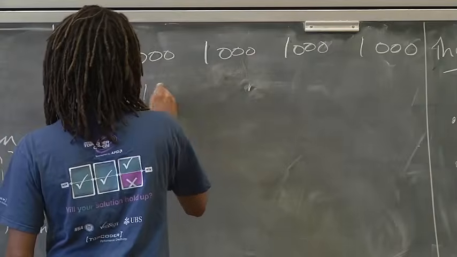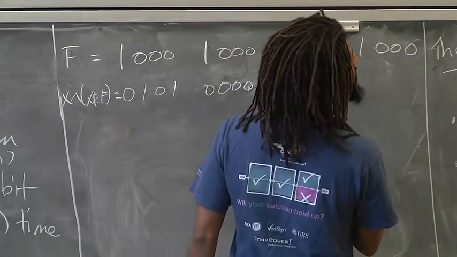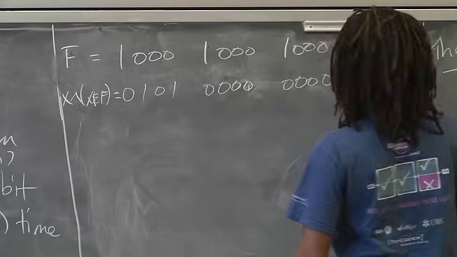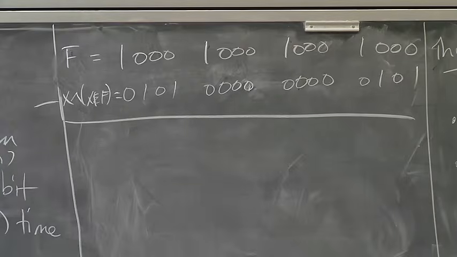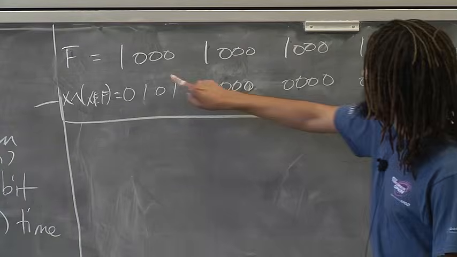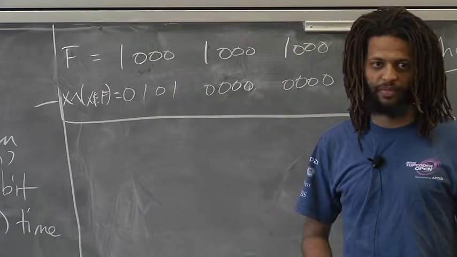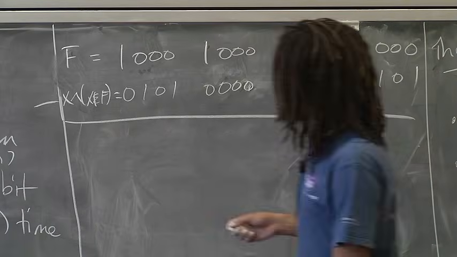It looks like 0, 1, 0, 1, 0, 0, 0, 0, 0, 0, 0, 0, 0, 1, 0, 1. And I do a subtraction. Within each block, definitely the f block is bigger because it has a 1 in the most significant bit, because we cleared those in the x thing.